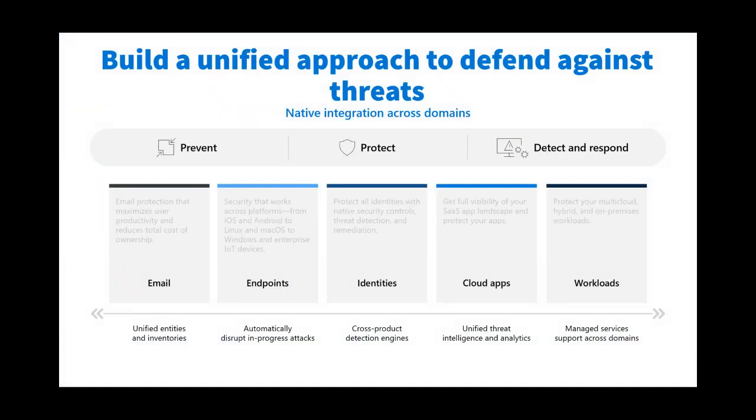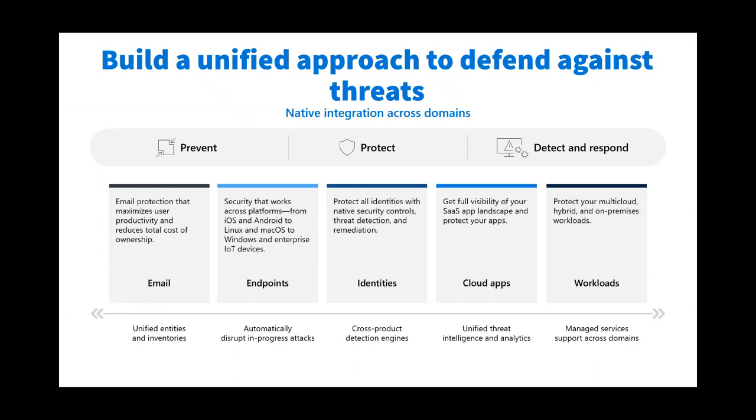So Microsoft decided to build a unified approach to solve the siloed security gaps with what they refer to as extended detection and response, or XDR. XDR brings the entire lifecycle of threats together within one unified experience and set of capabilities, enabling your organization to prevent, detect, and respond to threats of all kinds across your entire digital estate, including email, endpoints, identities, cloud apps, workloads, and IoT within the environments.